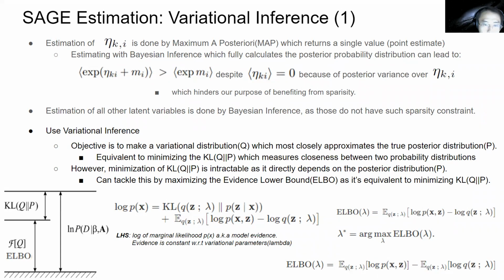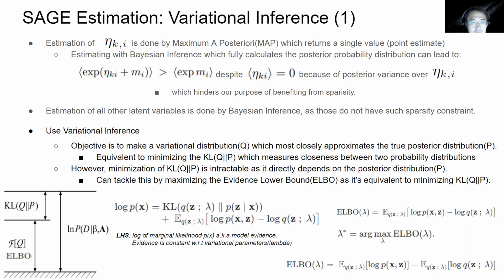So we know that the KL divergence is the metric that measures the proximity between the true and approximate probability distributions. So we would want to minimize that KL divergence to make those two distributions as close as possible.